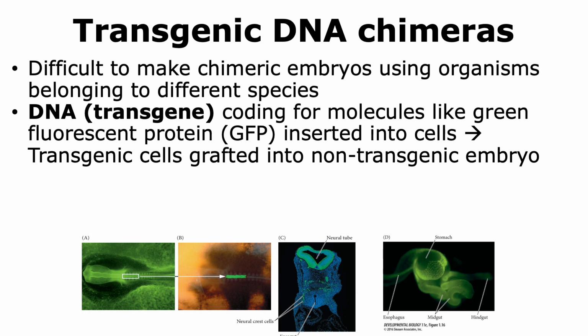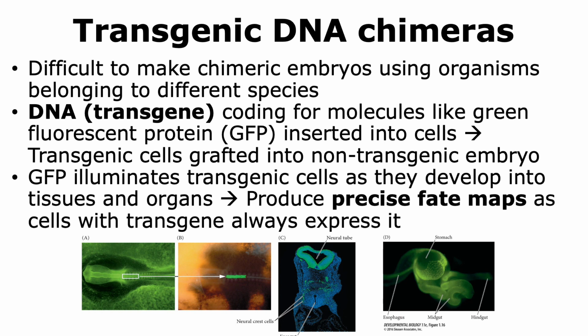These transgenic cells can then be grafted into a non-transgenic embryo from the same organism. The transgene will then express its protein, which, for example, is the green fluorescent protein that will illuminate the transgenic cells as they migrate and develop into the tissues and organs of the embryo.